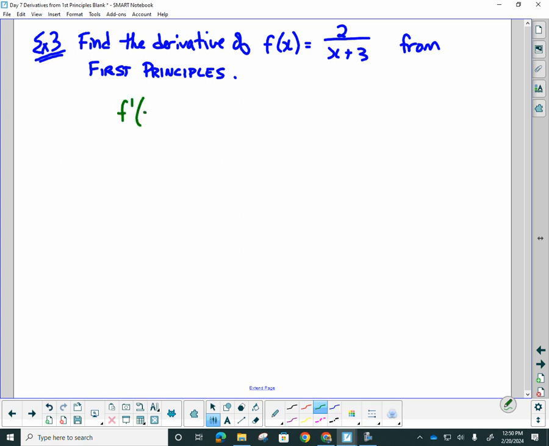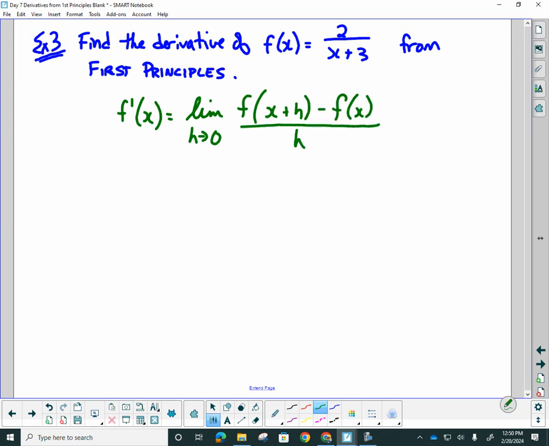So the derivative is the limit as h approaches 0 of f at x plus h minus f at x all over h. And so we'll have to add or insert x plus h into this rational function.